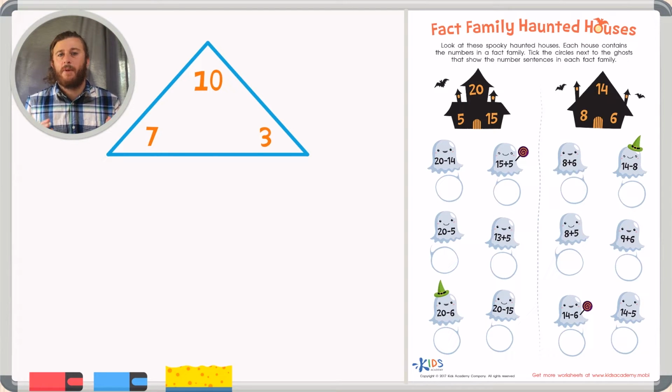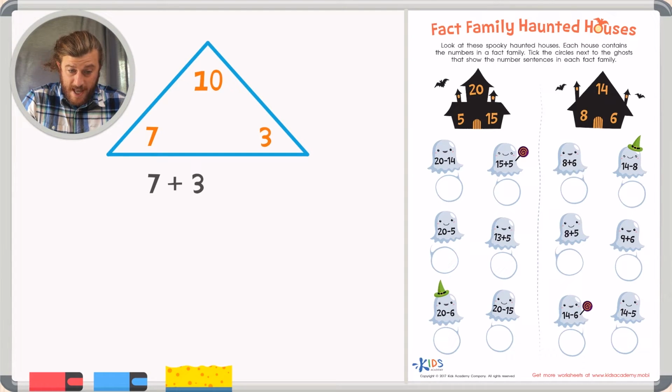And the way a fact family works is that the numbers inside the fact family either add or subtract to equal one another. For example, 7 plus 3, our two bottom numbers, add together to equal 10. And we could flip that fact, and 3 plus 7 also adds together to equal 10.